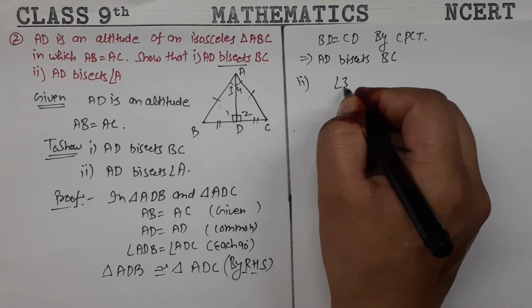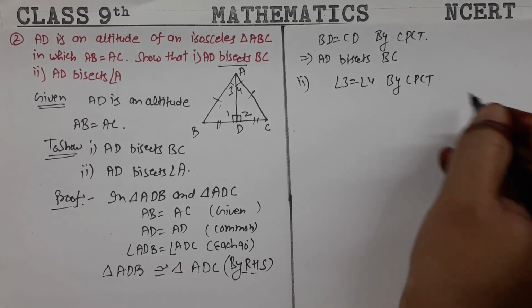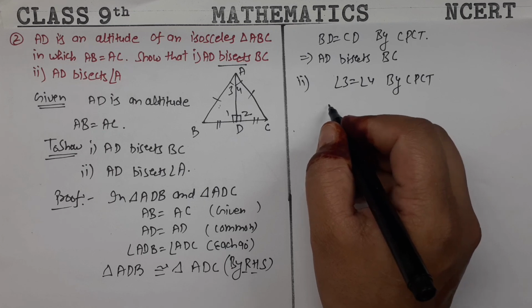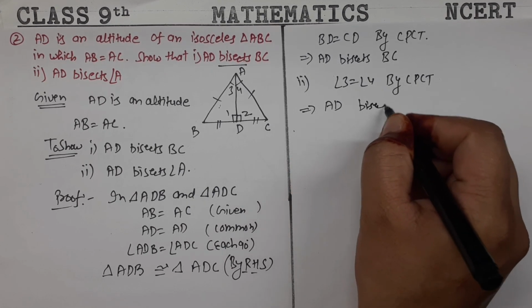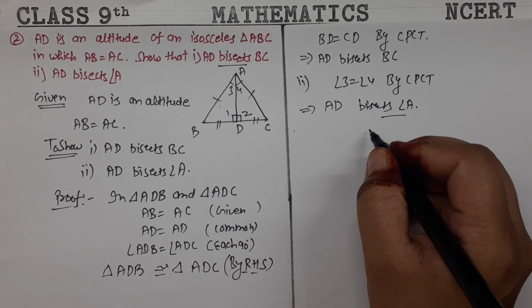For part second, angle 3 equals angle 4 by CPCT. Hence AD bisects angle A. Thank you.